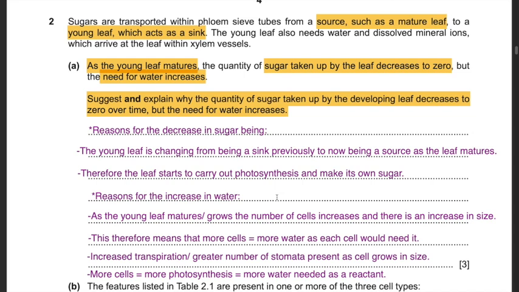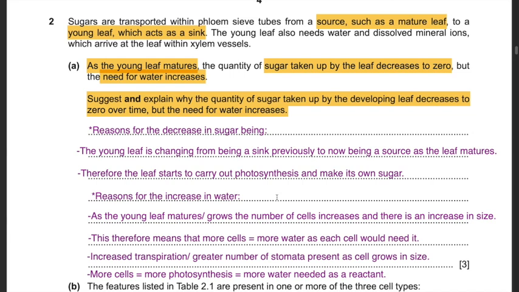Well, as the young leaf matures or grows, the number of cells increases and there is an increase in size, because obviously as a young leaf grows, there will be an increase in size. An increase in size means there is growth occurring, and growth means the number of cells increases. This therefore means that more cells is equal to more water, as each cell would need water.